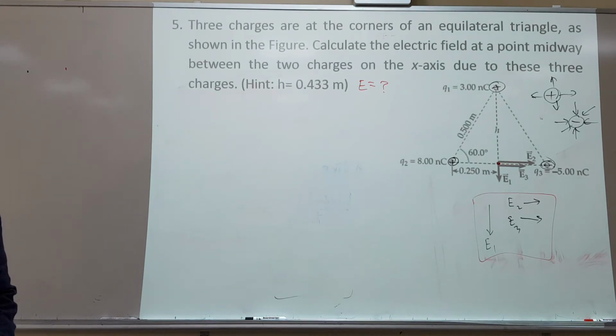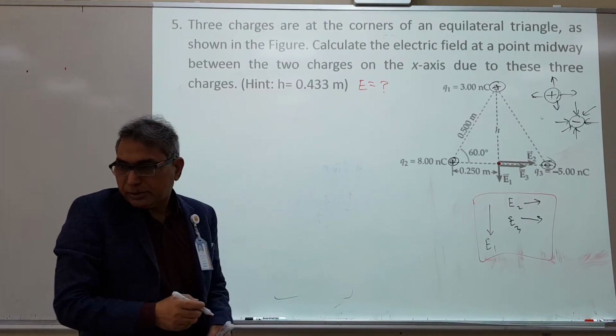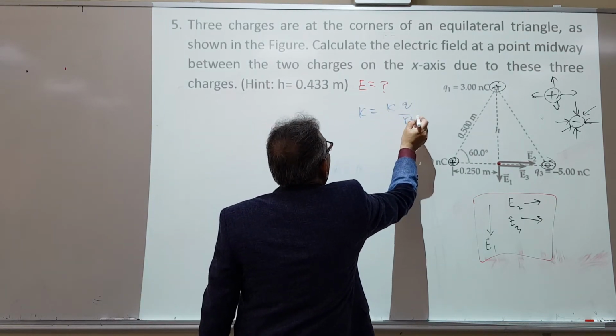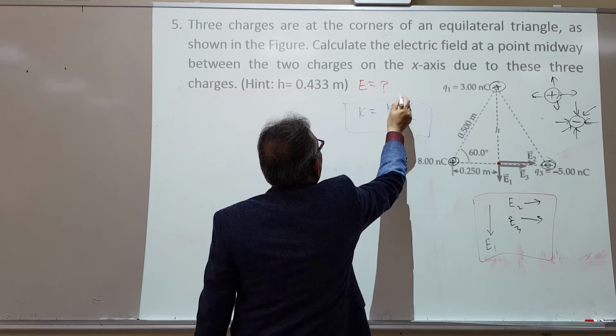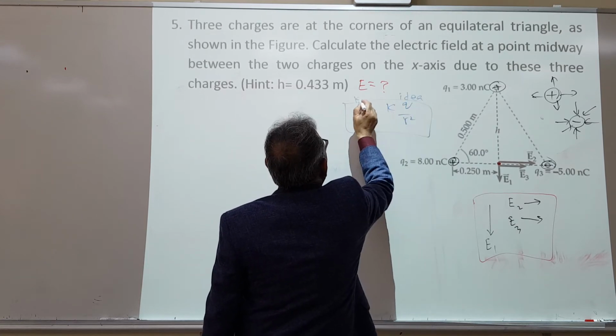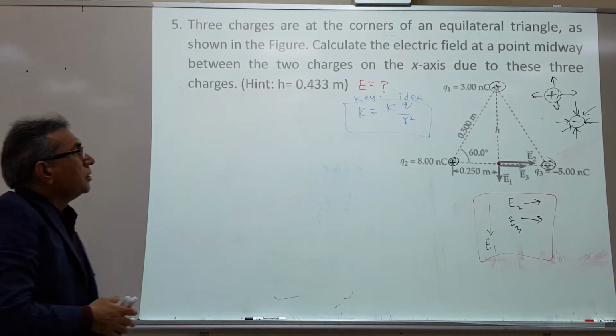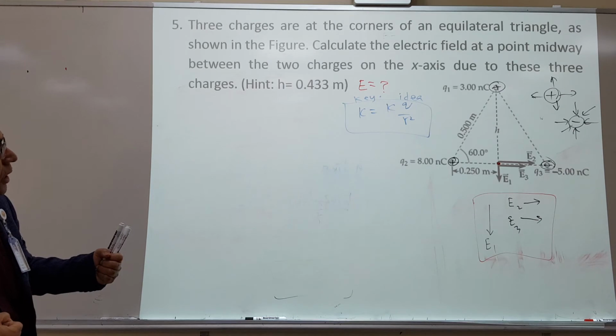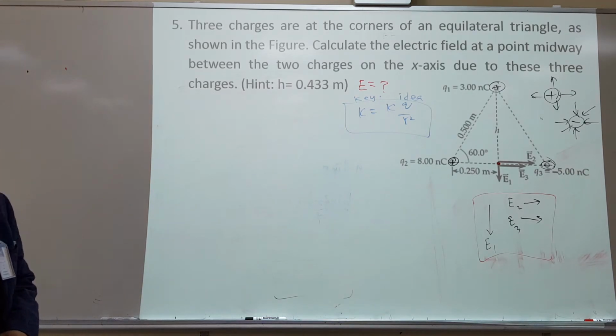Right. Now, we are going to find out E. The key idea is K Q over R square. This is the key idea, right? We have to find the resultant. So we have E1, E2, E3, and we will find the resultant magnitude.